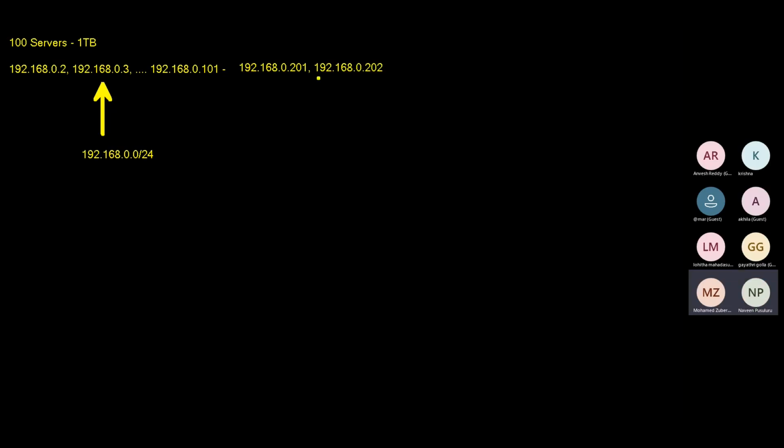These are the two servers which I need to keep from getting access to that particular volume because they do not belong to this application. So they don't need access to that volume.